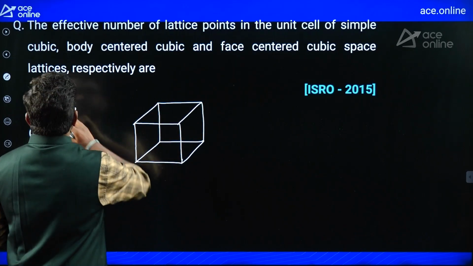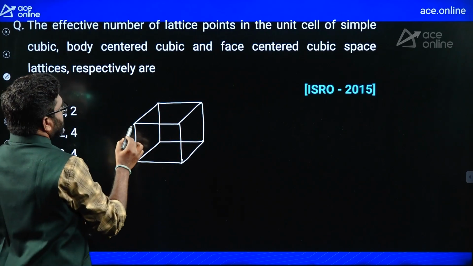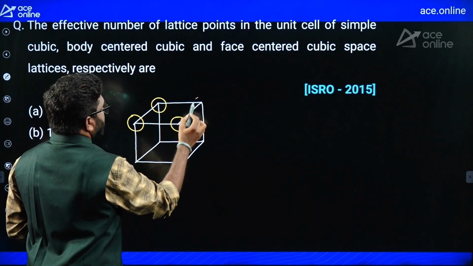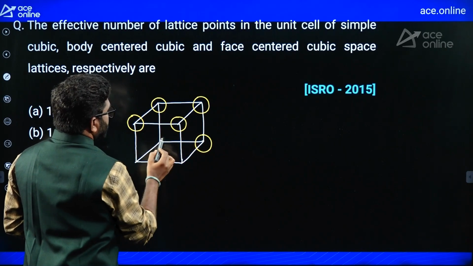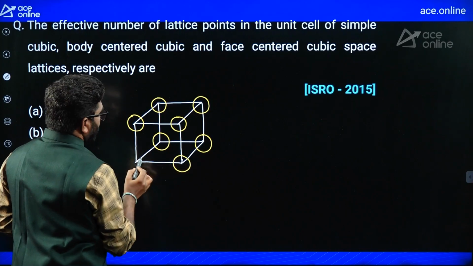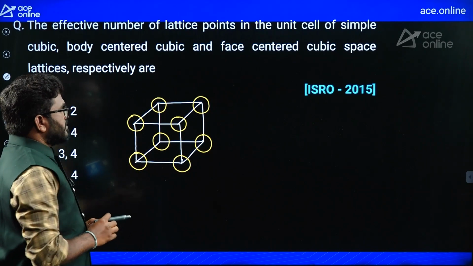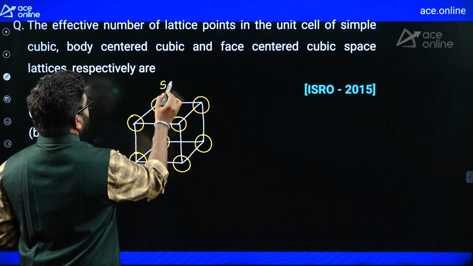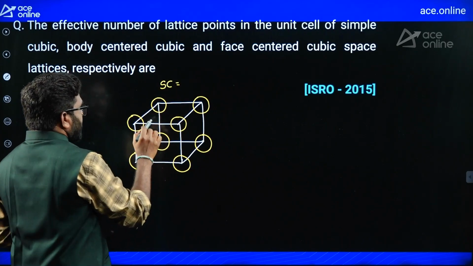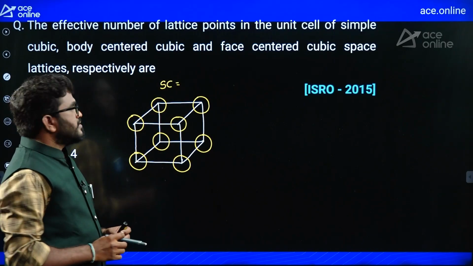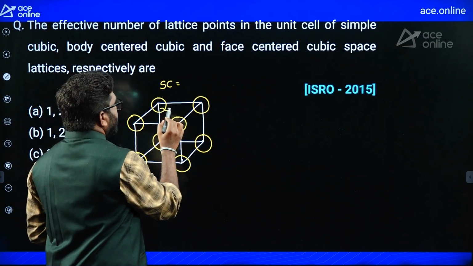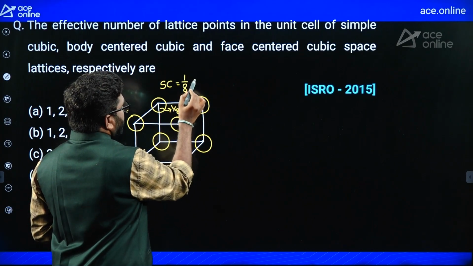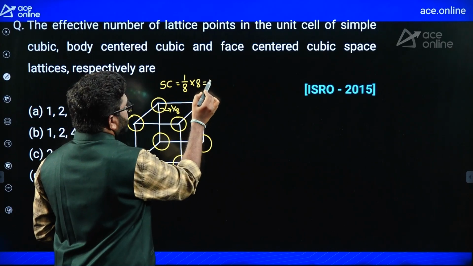In simple cubic, at every corner, one atom is located. This is simple cubic, right? If I consider the effective number of atoms, the corner atom is 1/8 of the atom. Like that 1/8 at every corner, 8 corner atoms, so 1.